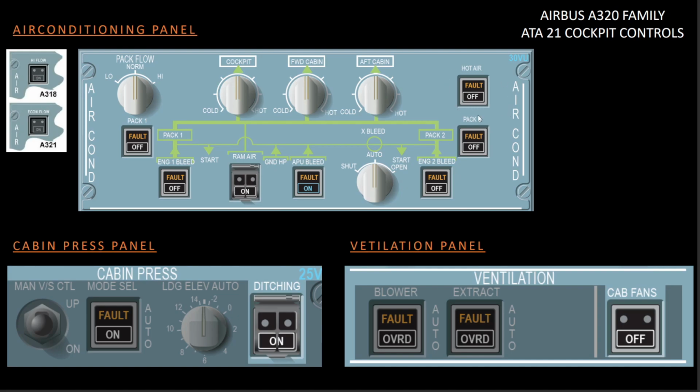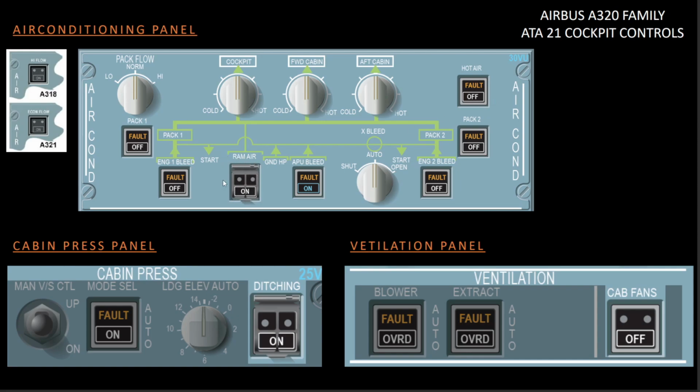So what you can do is, when a duct detects a temperature above 88 degrees Celsius, the trim air pressure regulation valve will close and you will get the fault light here. You can switch it off and the fault legend will remain until the conditions are still available. When the conditions go off, you can switch it on and it will function in the normal manner.